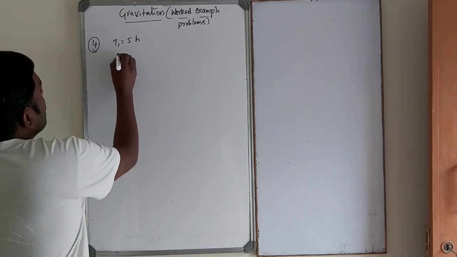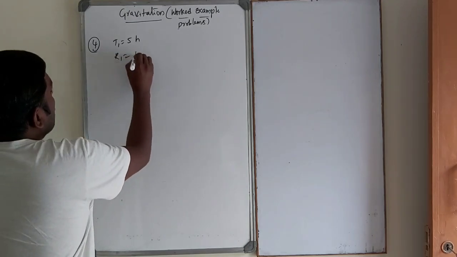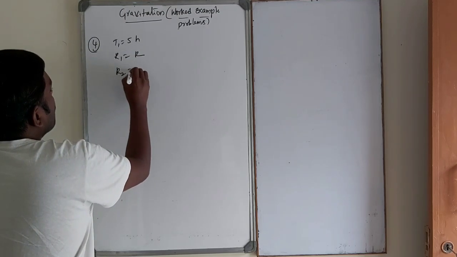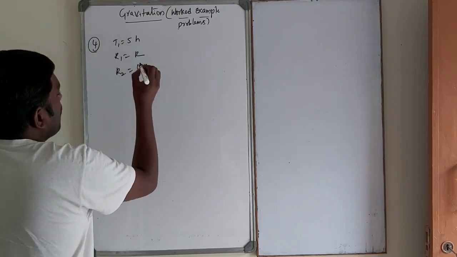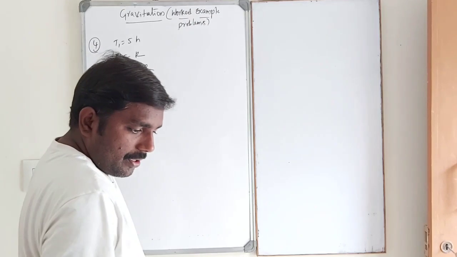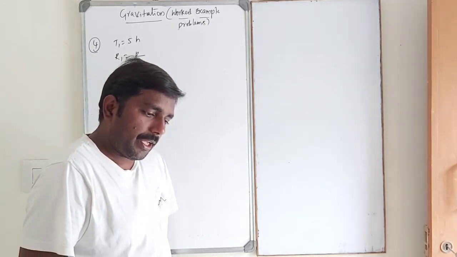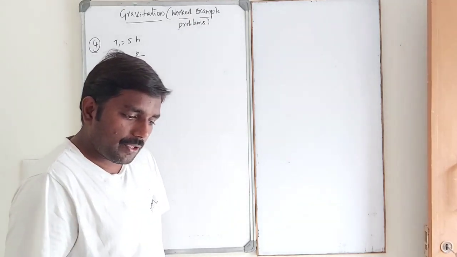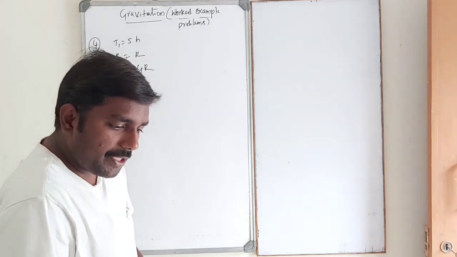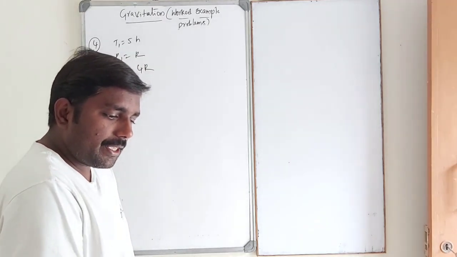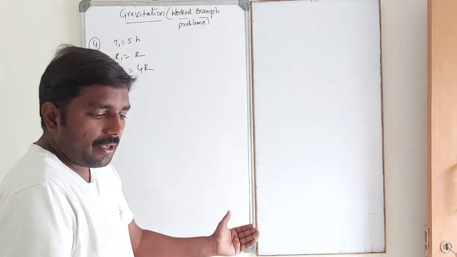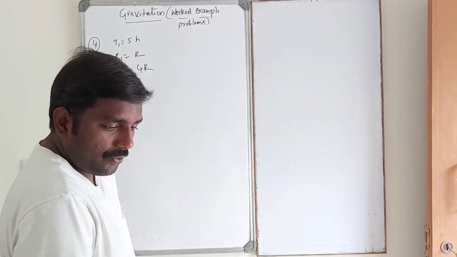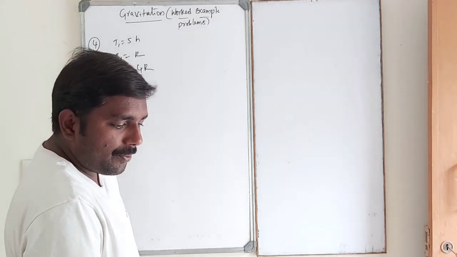See dear students, present radius R1 is equal to R, now R2 is equal to 4 times, 4R. So, clear. The time period of a satellite of Earth is 5 hours. If the separation between the Earth and satellite is increased to 4 times the previous value, what will be the new period?